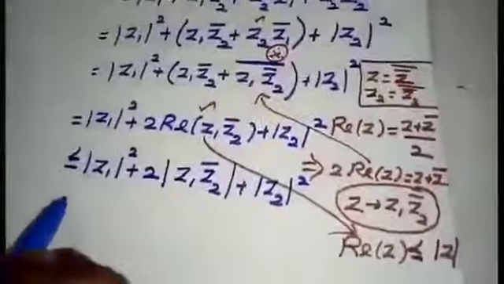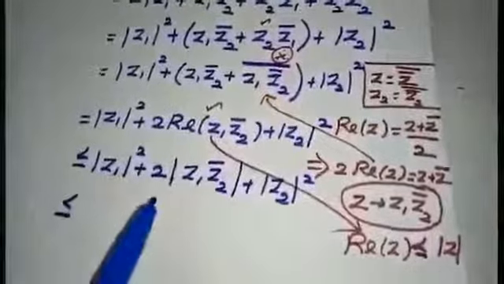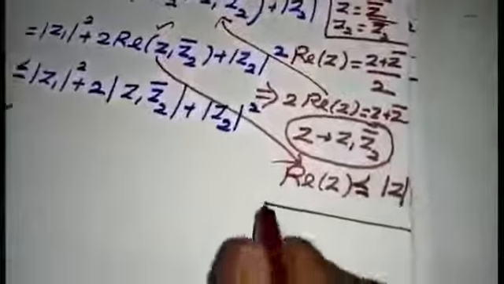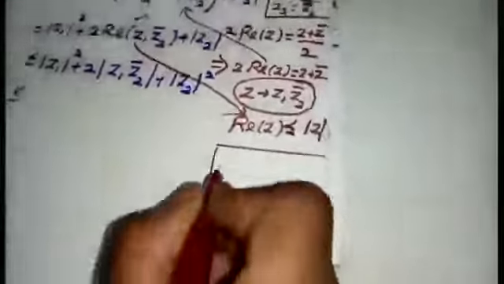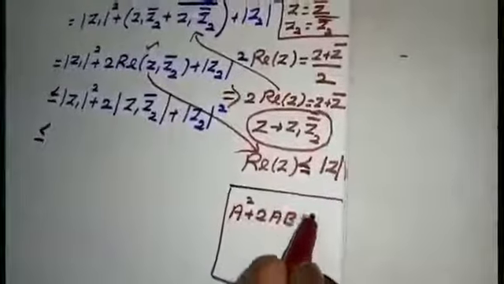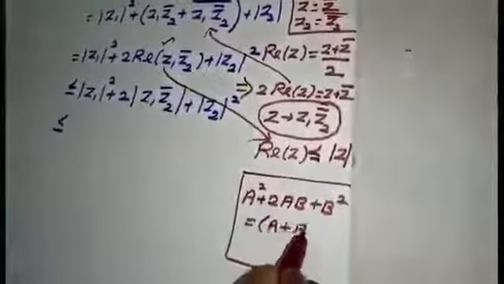Now if you see here, which is less than or equal to, just observe the formula. I am going to use this algebraic formula. What is the algebraic formula we are having here? That is, a square plus 2ab plus b square can be written as a plus b the whole square.